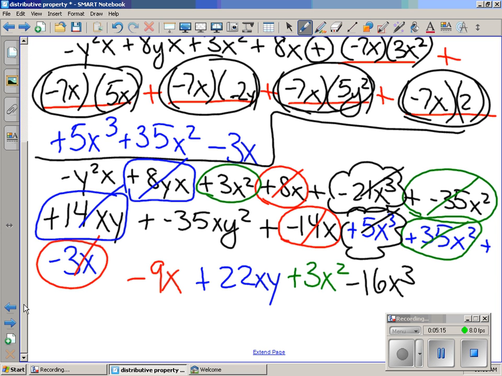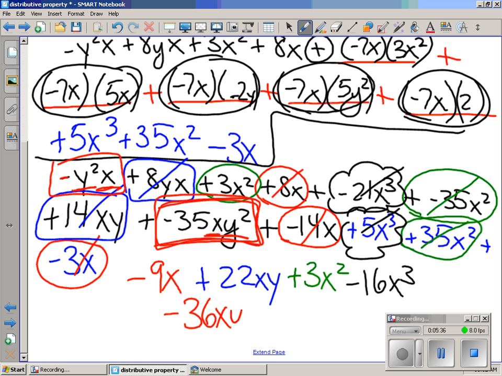Then we have negative 35xy squared, and this negative 1 y squared x is a like term with this because both of the y's have a power of 2, both of the x's have a power of 1, so those are like terms. When we combine them, we get negative 36xy squared.